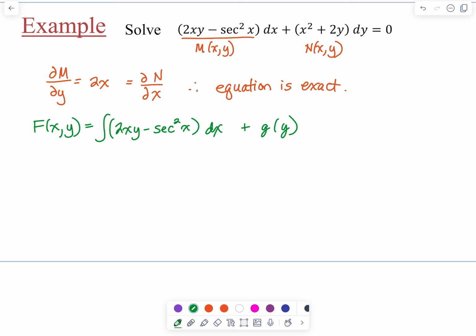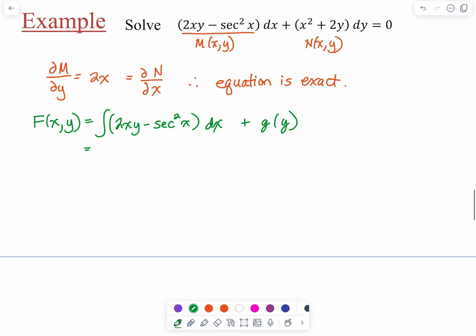So let's integrate this M with respect to x, and we come up with x squared y minus tan of x, plus we still have that g(y).